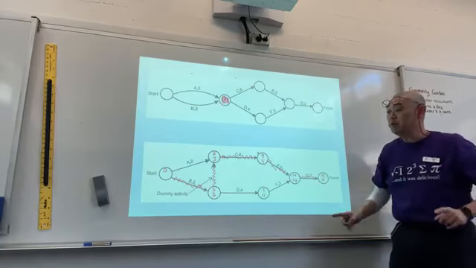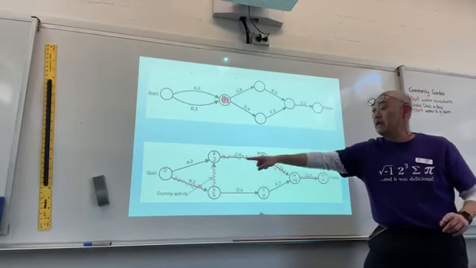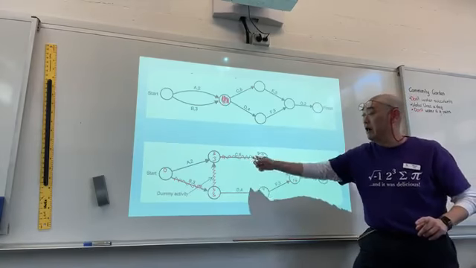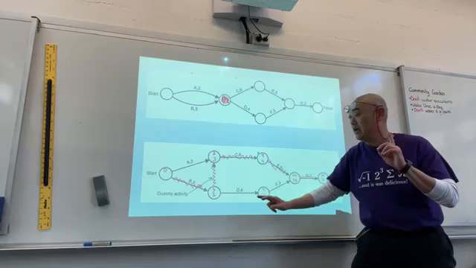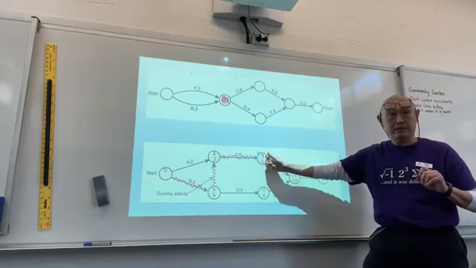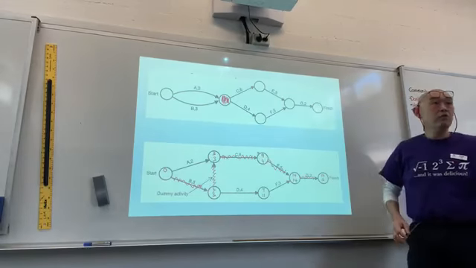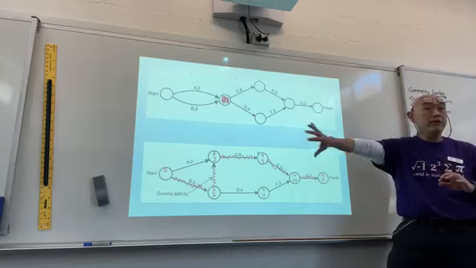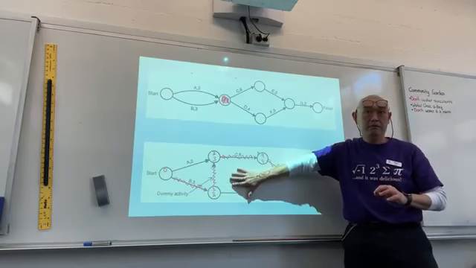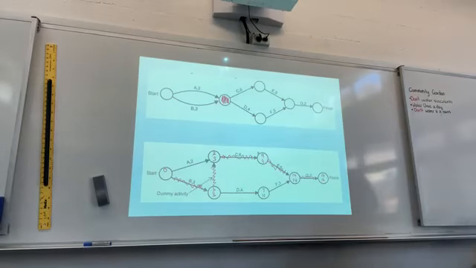You have to explain that A is an immediate predecessor to C but not to D, whereas B is an immediate predecessor to both C and D. So make sure that you explain in relation to the network. All right, that's really important. Always explain in relation to the network.